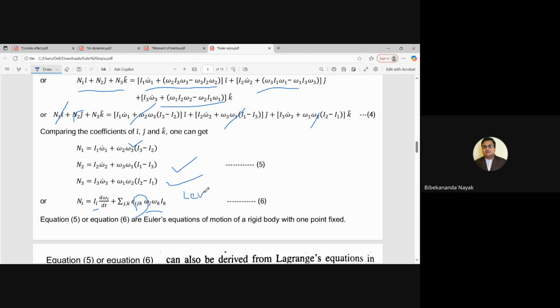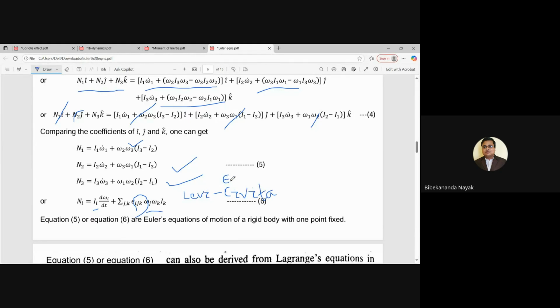But if the indices are in even permutation, cyclic order, that means after x, y comes z, or y, z, x, this is the Levi-Civita symbol, epsilon ijk.